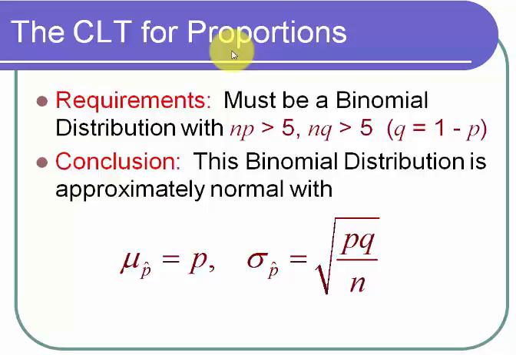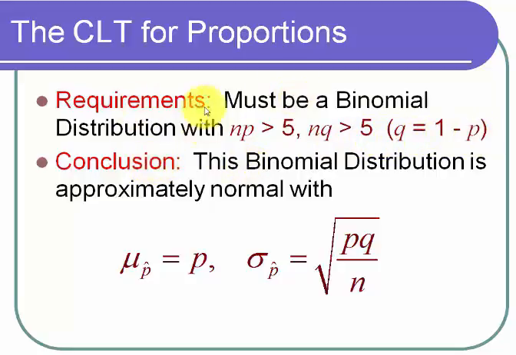What we really need is to make sure that we expect greater than 5 people to say yes, and greater than 5 people to say no to the question. Symbolically, we could say np is greater than 5, and nq is also greater than 5, where q is 1 minus p.